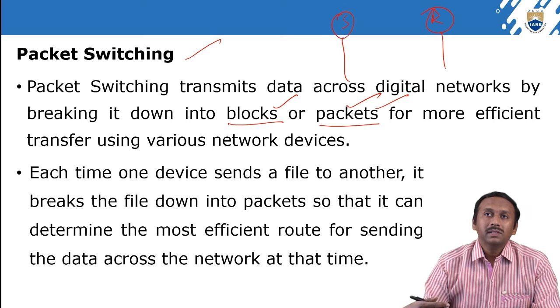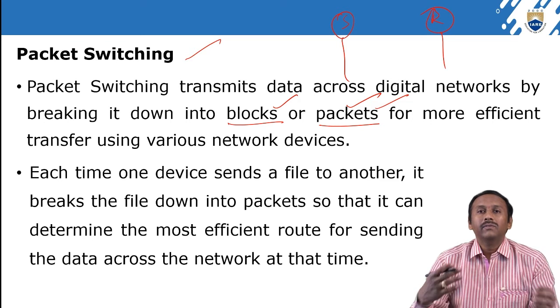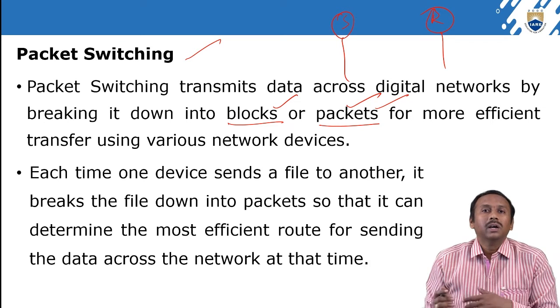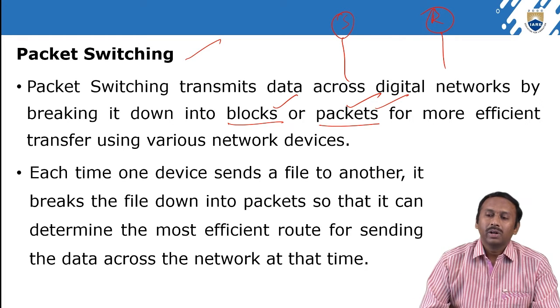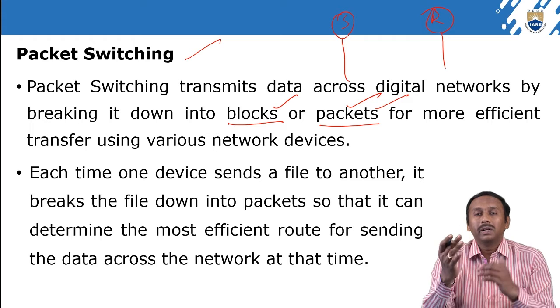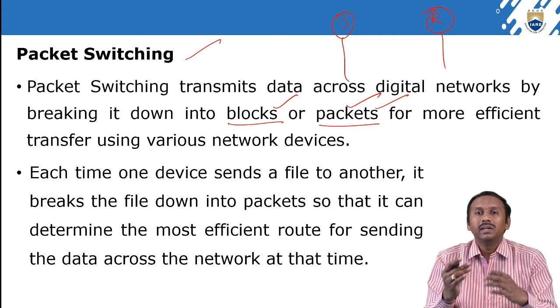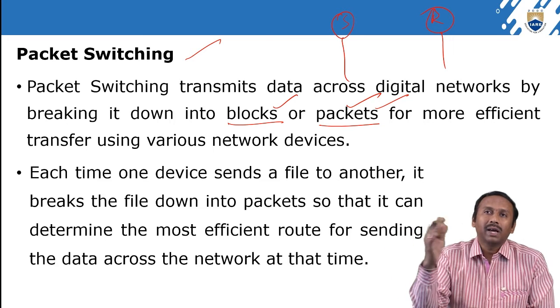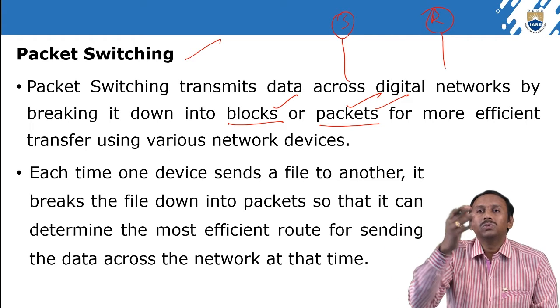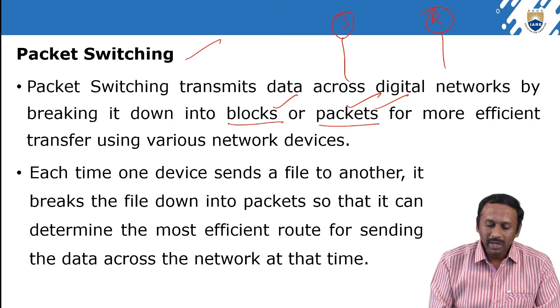But in packet switching, every data is converted into packets or blocks, isn't it? So the data units are divided into data packets, and those data packets are transferred from source system to destination system with the help of packet switching.